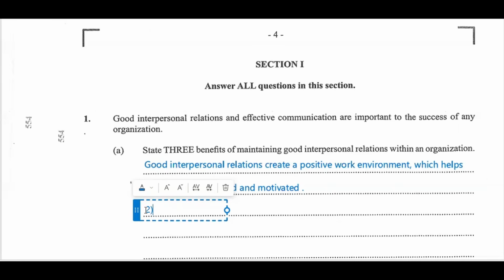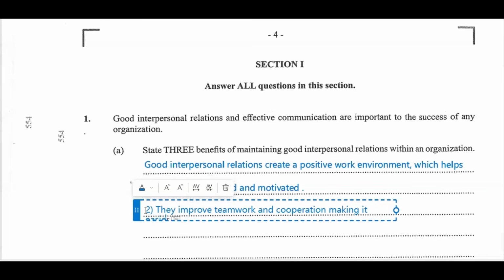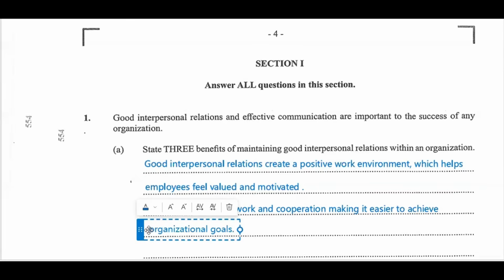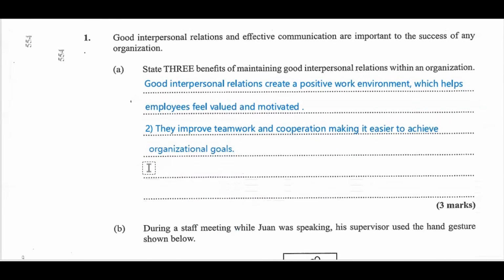Second benefit, they improve teamwork and cooperation, making it easier to achieve organizational goals. Last benefit, we can put 3.